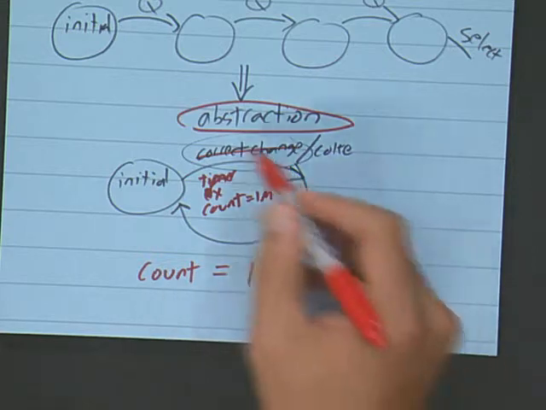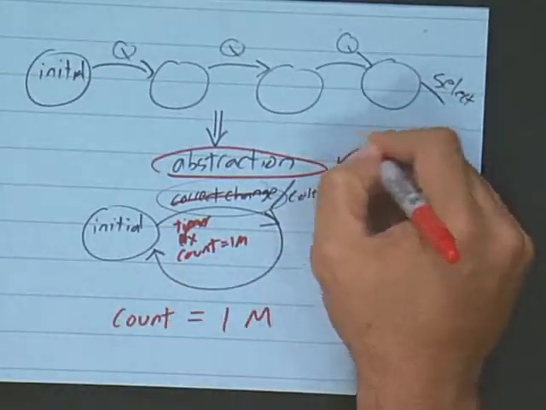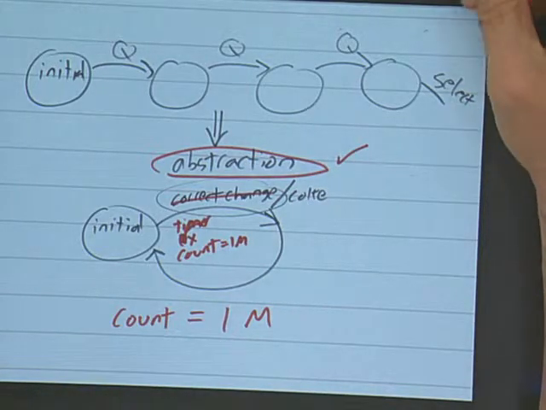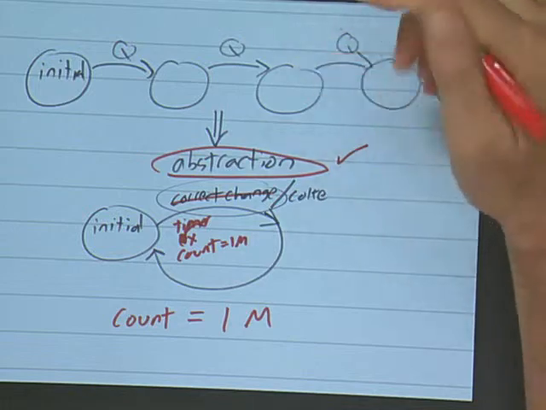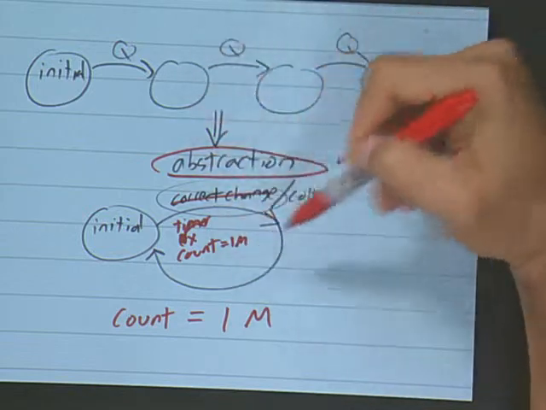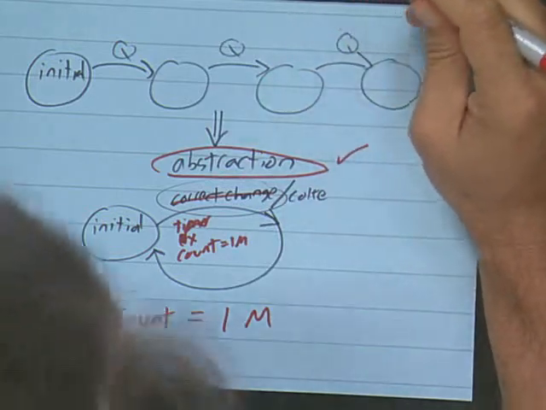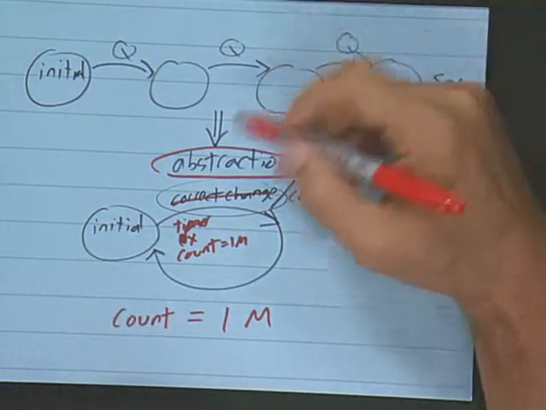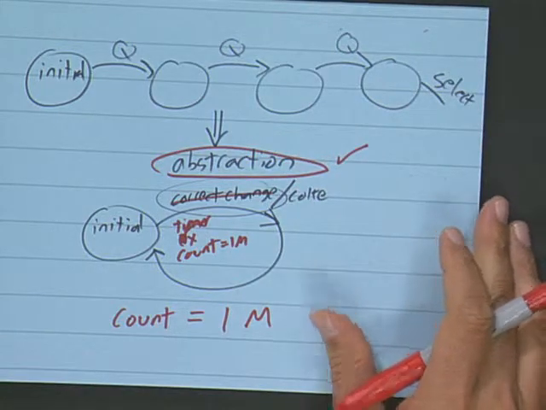So abstraction is possible with state machines. It can be your friend. It can be very useful. I'm going to show you some more abstraction examples when we go a little bit further, but it's a way of simplifying the analysis.